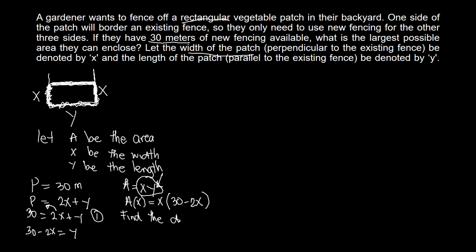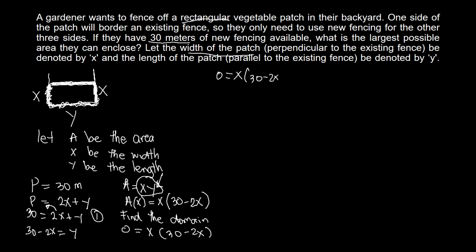So finding the domain, we are going to set our area equal to 0 because we want to solve for the value of x. So we replace area with 0, equal to x times 30 minus 2x.